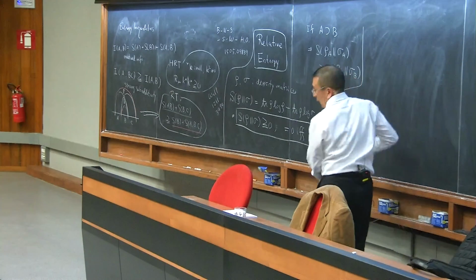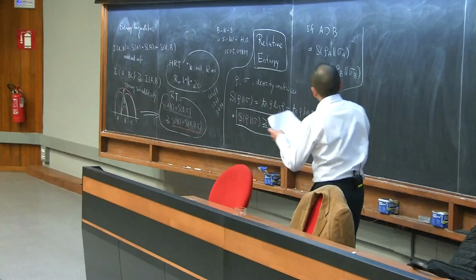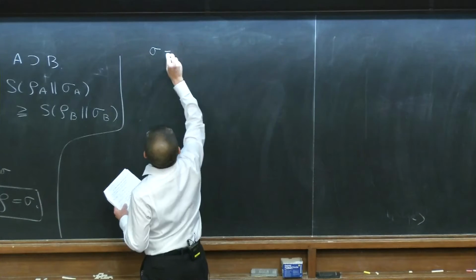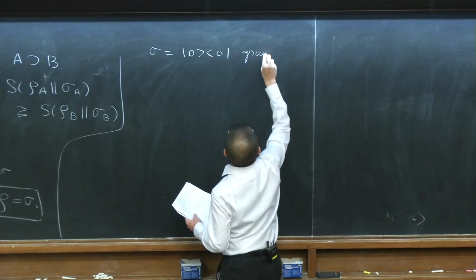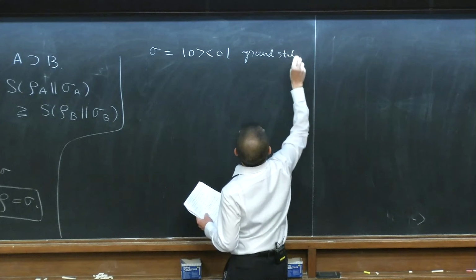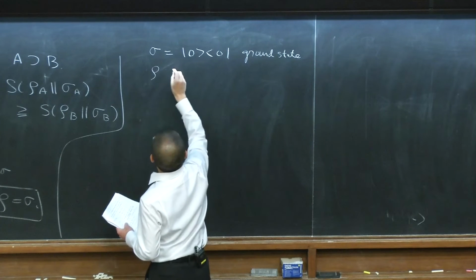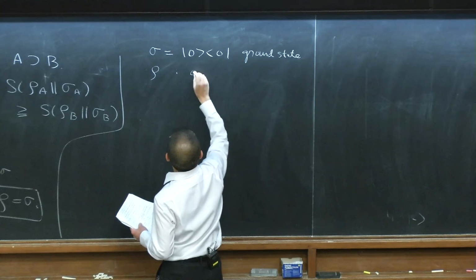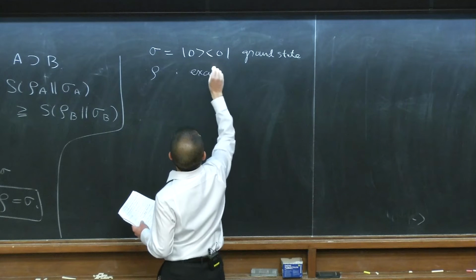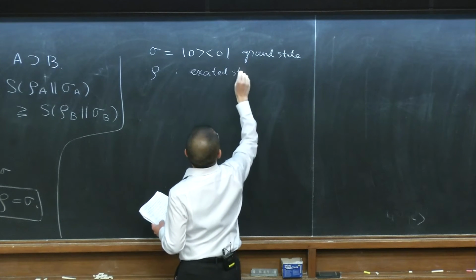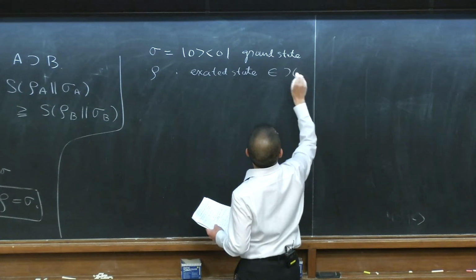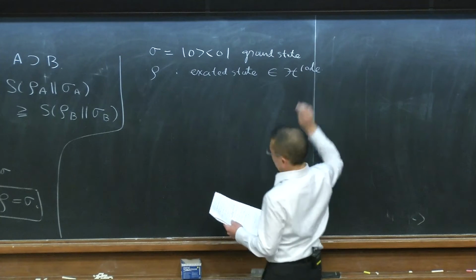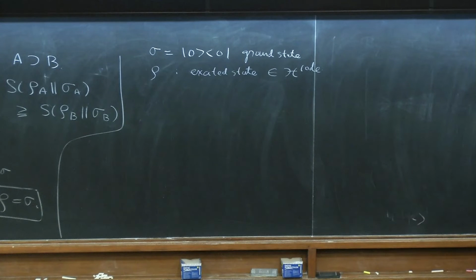So suppose, let's say, sigma is a ground state, and then rho is some excited state, but still in the code subspace in the way that I defined.